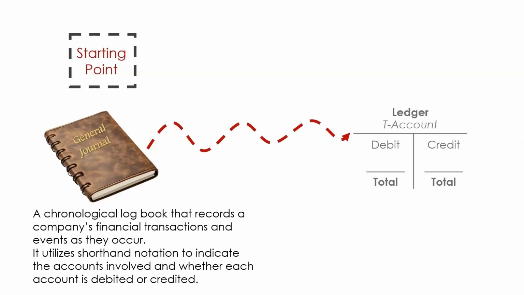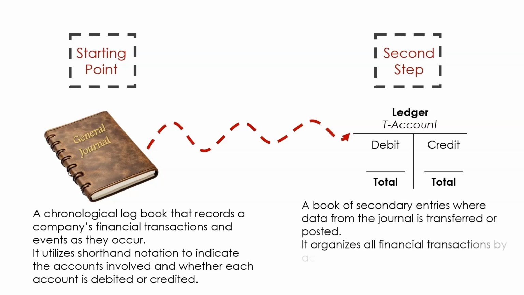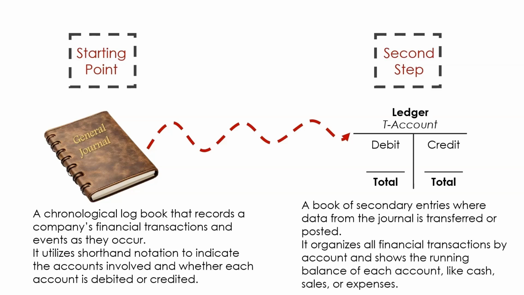Once these entries are recorded, they are transferred to the ledger, our second step. If the journal is akin to a diary organized by date, the ledger functions more like a filing cabinet where information is sorted by category. Instead of flipping through pages to find your sales or expense data, everything is organized into separate files or T accounts such as cash, revenue, and expenses.